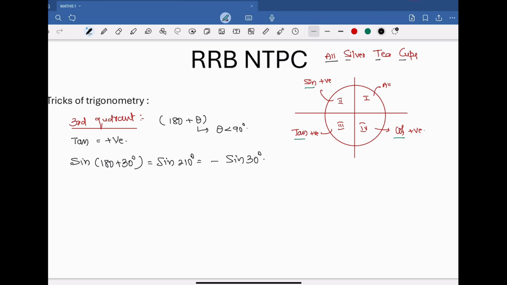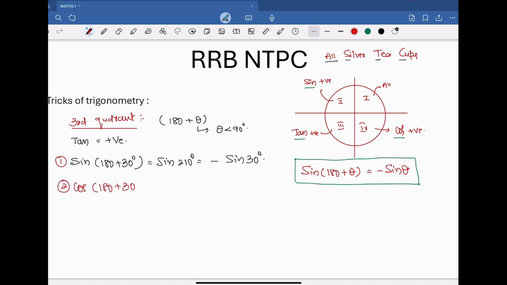Another rule, please remember this: sin 180 plus theta is equal to minus sin theta, because sin is negative in the third quadrant. Please remember this. This is the first one. Second, cos 180 plus 30, that is cos 210.